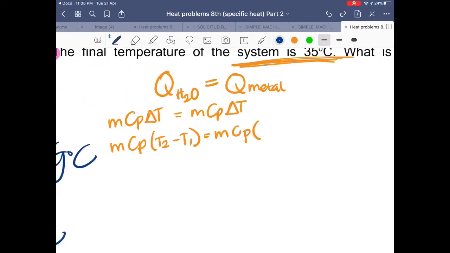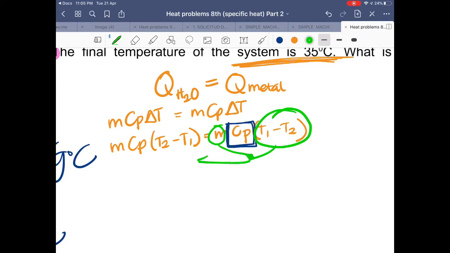So you put temperature 1 minus temperature 2. And we already know that we're searching for specific heat. Okay? So if we're searching for specific heat, it means that mass and temperature 1 and temperature 2, we'll put them together and send them to the other side, dividing.